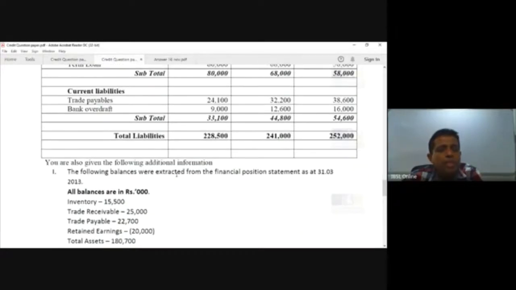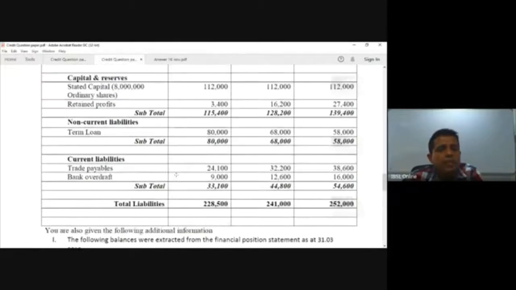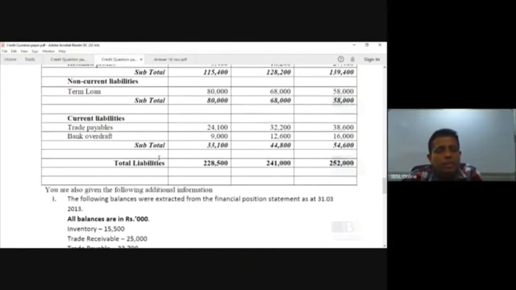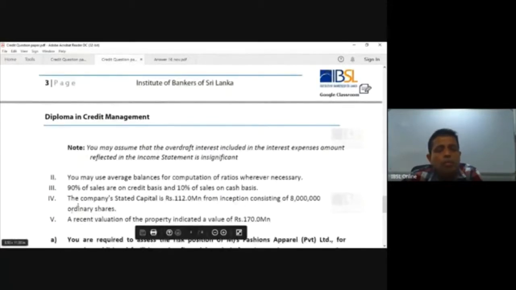Now, if you go to the balance sheet, the stated capital is given. Stated capital is 112,000. Every year 112,000, and in note number 4, they have mentioned the company's stated capital is 112 million from the inception.